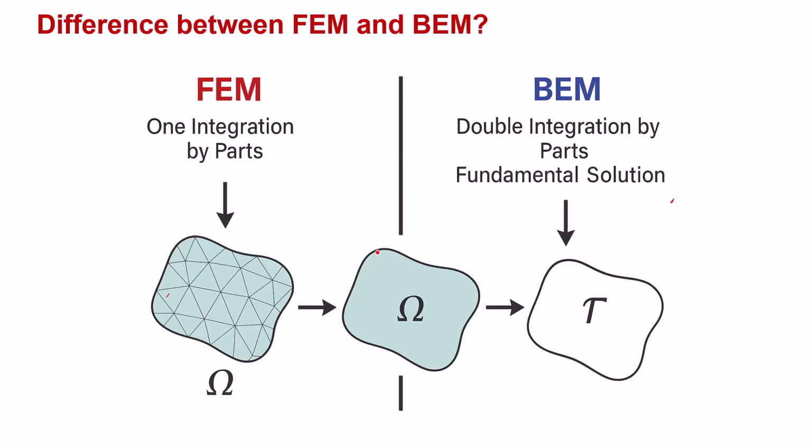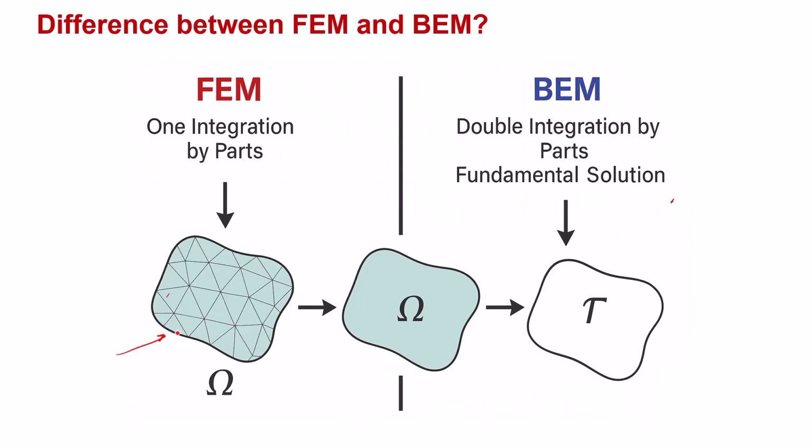This figure summarizes everything we've discussed. On the left, for FEM, we perform one integration by parts, and the solution depends on what happens inside the domain. That's why we need a domain mesh, as shown here. On the right, for BEM, we perform 2 integration by parts and use a fundamental solution that already satisfies the behavior inside the domain.